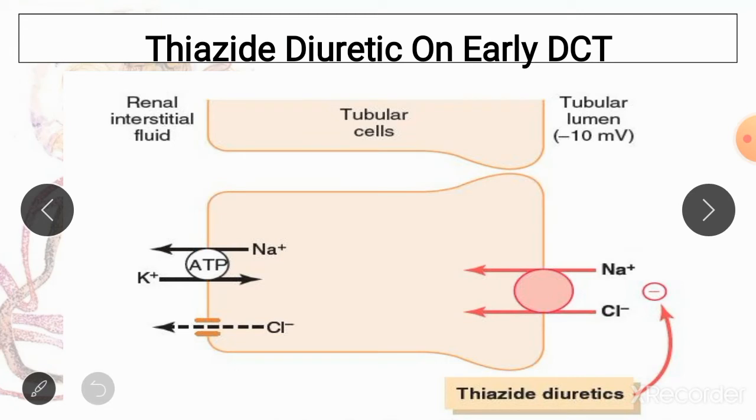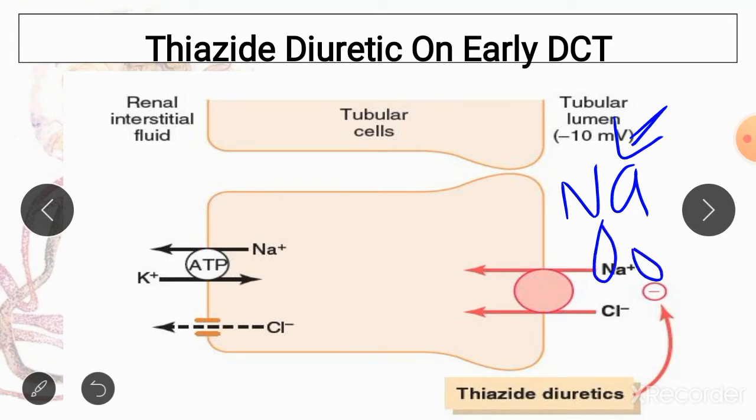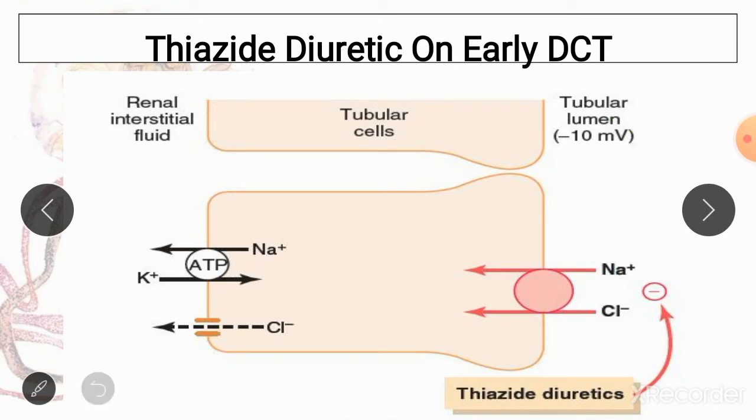This is going to cause sodium to be stranded within the lumen, and it will not be reabsorbed. This sodium is going to attract water as well, and water is also going to stay within the lumen, and this sodium along with water is going to be excreted from the body in the form of urine. Larger quantities of diluted urine is known as diuresis.